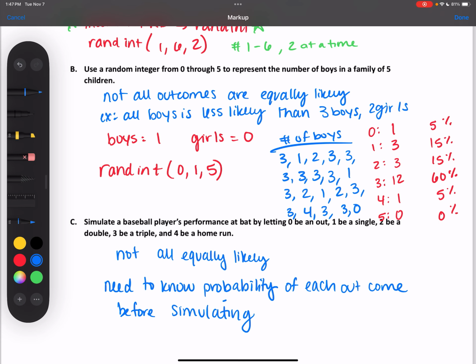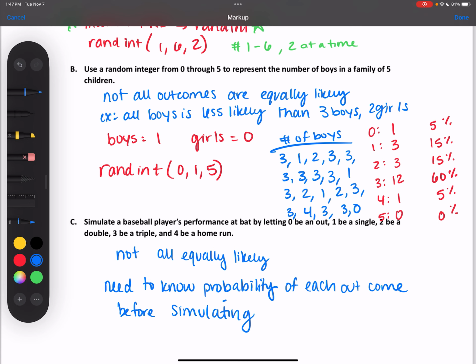It's implied that the probability of a boy or a girl is 50%, but it's not implied the probability of the baseball player. Well, and also with this one, the number of boys in a family of 5 children, that's not, again, equally likely either because there's a whole different probability every time. There's a 50% chance every time.